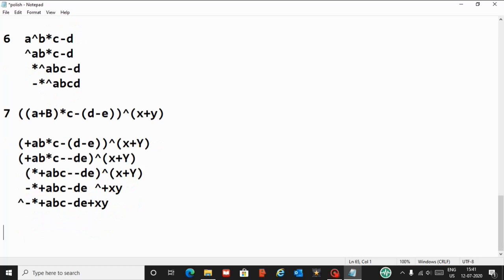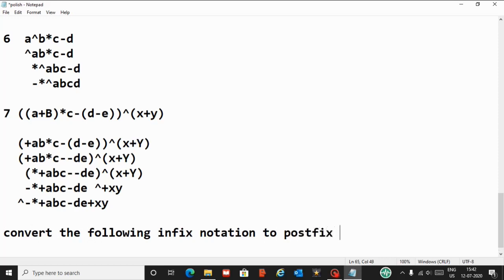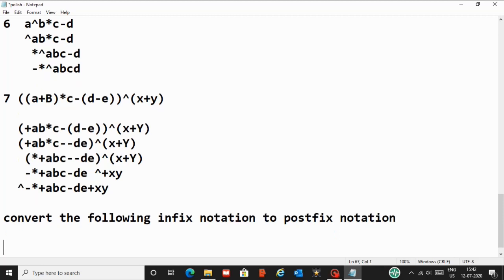Now we will start with converting the following infix notation to postfix notation. Okay. So what is postfix?